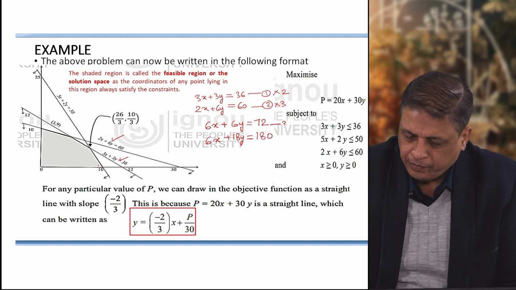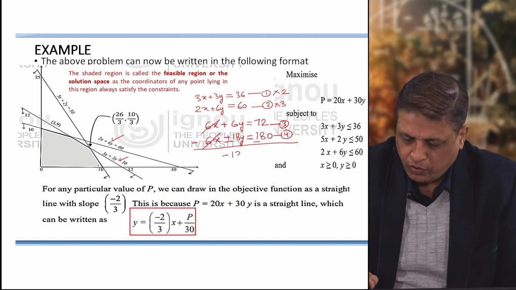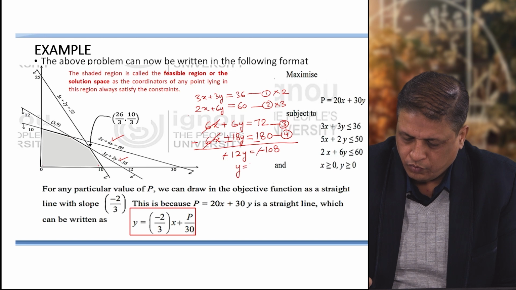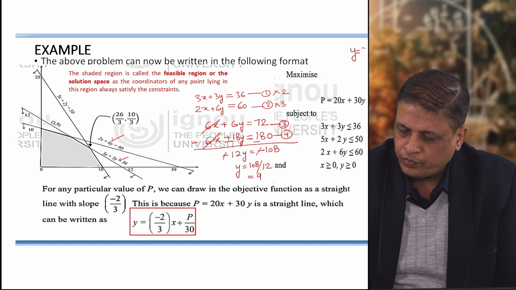Now, subtracting 3 from 4, this will cancel out, and you will get minus 12y is equal to minus 108. The negative sign will also cancel out, y is equal to 108 by 12, that turns out to be 9. So the y value is 9, y is equal to 9.